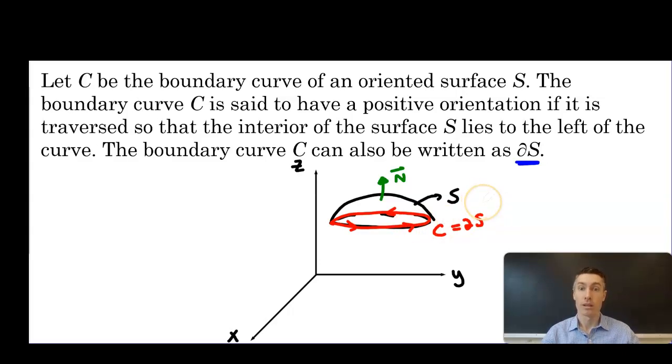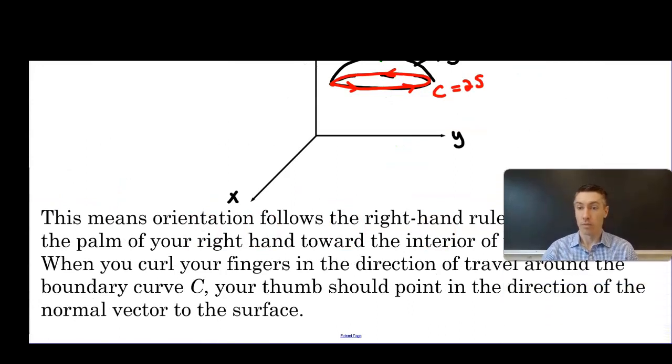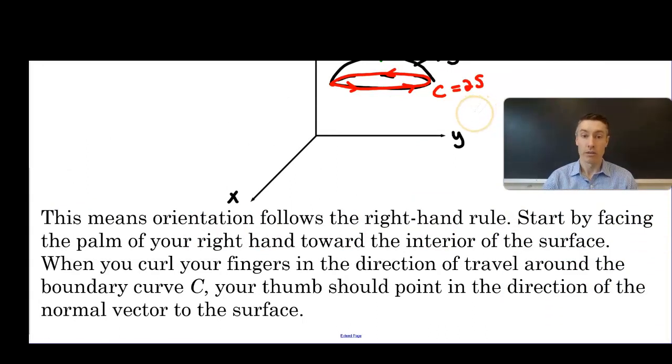So now that we have the orientation of the surface and the boundary curve, how are we supposed to tell if they agree or not? And something we've used in the past, the right-hand rule, is really effective here. So this means that orientation follows the right-hand rule. Right? So checking if the orientation agrees, we're really checking if the right-hand rule is true.